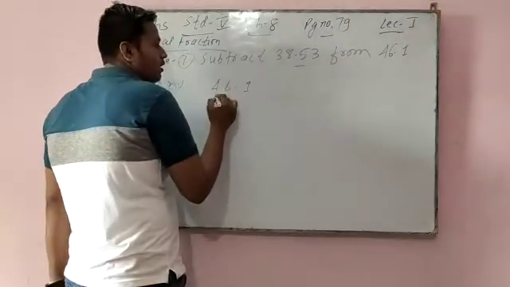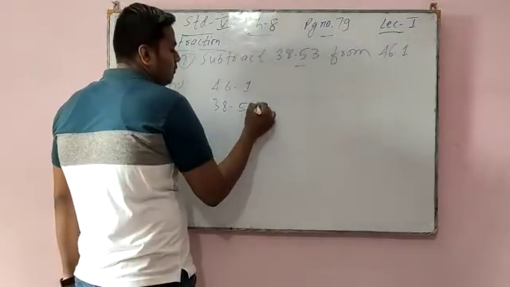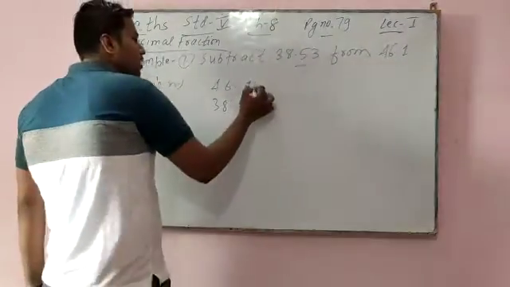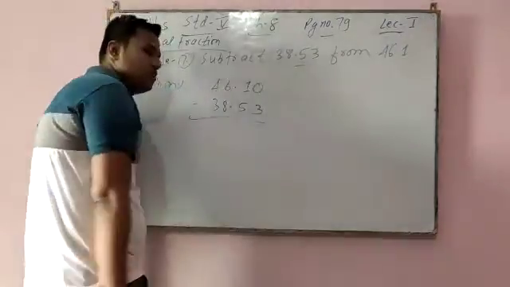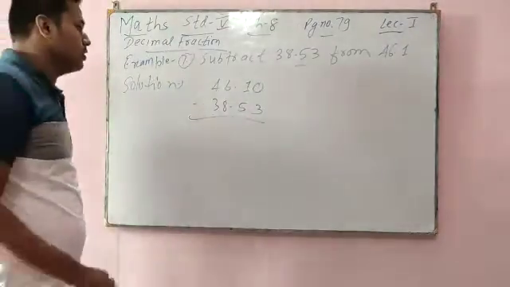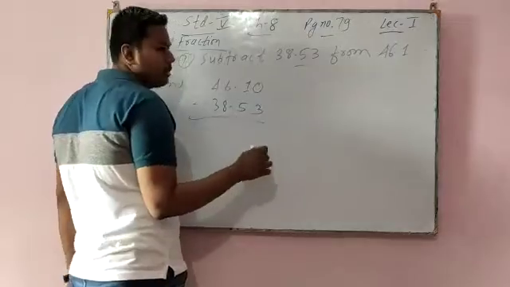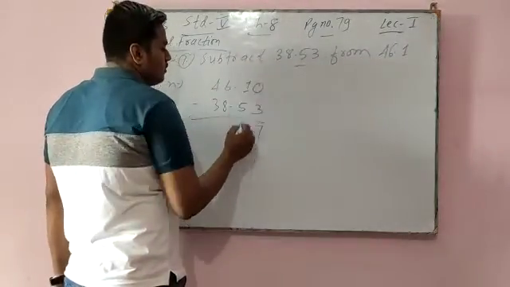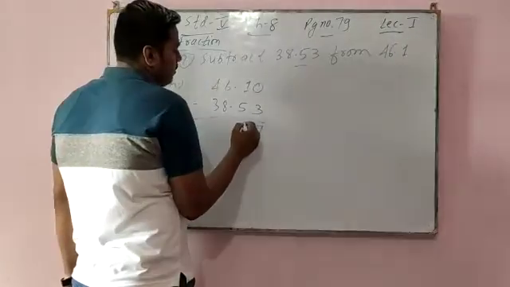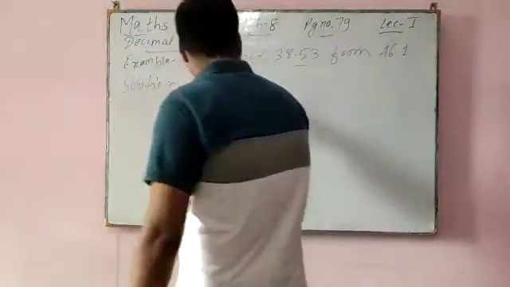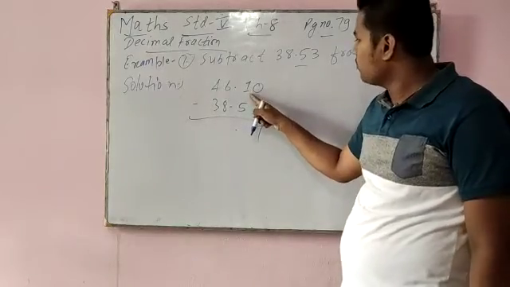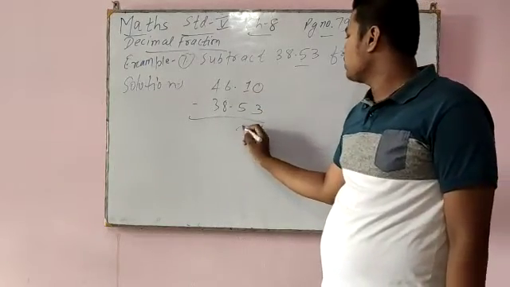See, 1, now 38.53. Now here no digit is there, so put 0 here. It means 46.10 minus 38.53. Now subtract. This is subtraction with borrowing. So 10 minus 3 is 7. Then 10 minus 5 is 5.